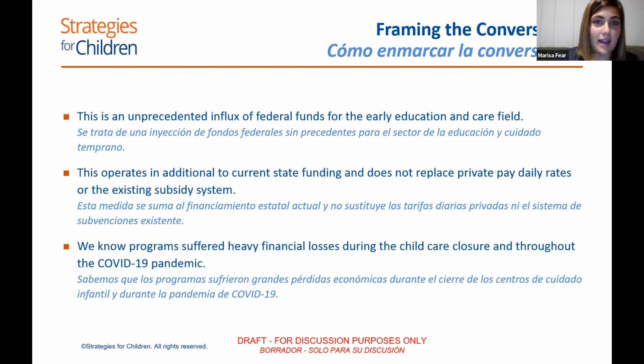And it's likely that the funding included in the Child Care Stabilization Grant will not be enough to cover all of those losses. However, we'll talk a little bit later about some important feedback that you all can share with EEC, with our state elected officials and with our federal elected officials that can help continue to advocate for more funding for the early education and care field.